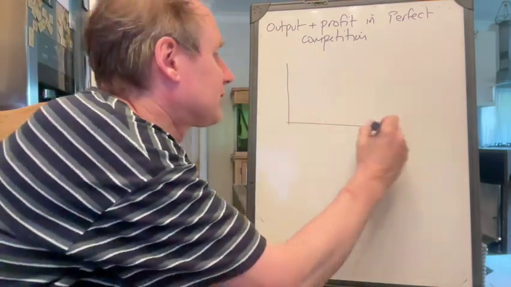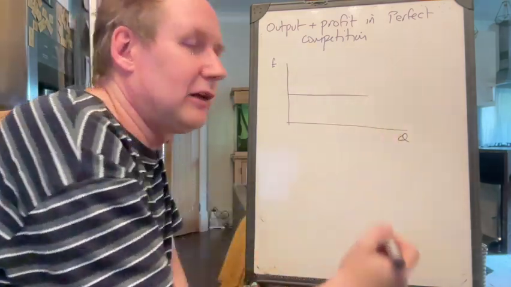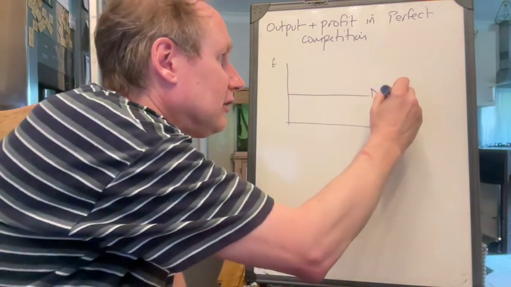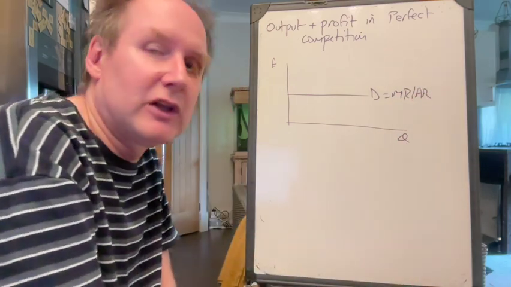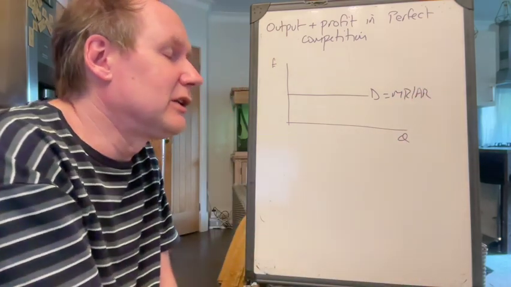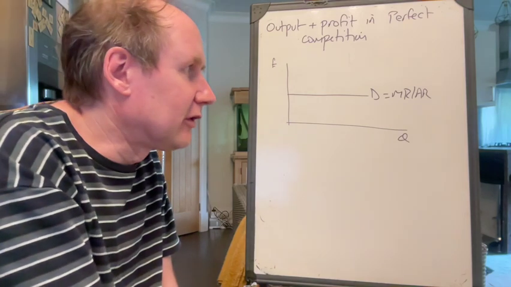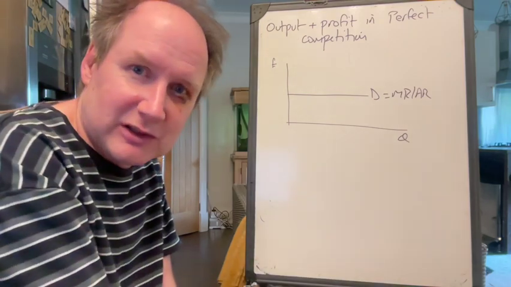Before we do that, there's a question that occurred to me when I was making the last one. People sometimes wonder, how can it be that this line is both demand and somehow marginal revenue and average revenue? How can it be both things at the same time? The reason is that, and this will be true as we go through the course, a lot of these functions tell you two things because there are two axes.